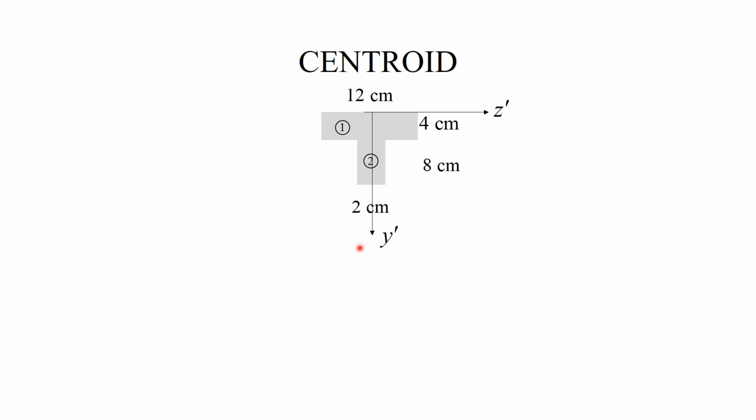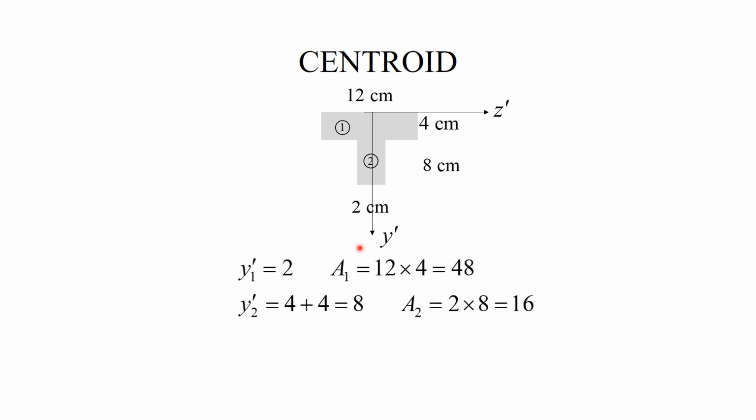And now I would like to calculate the centroid of the cross section in the coordinate system z prime, y prime. To this end, I calculate the centroid of the web and the flange and the areas of the web and the flange.